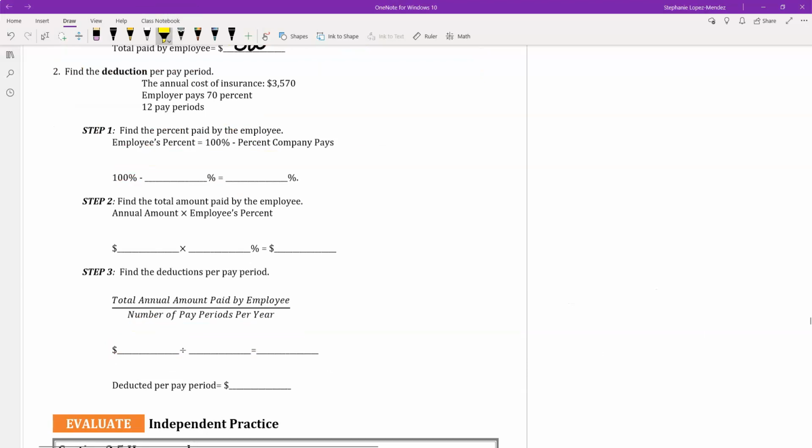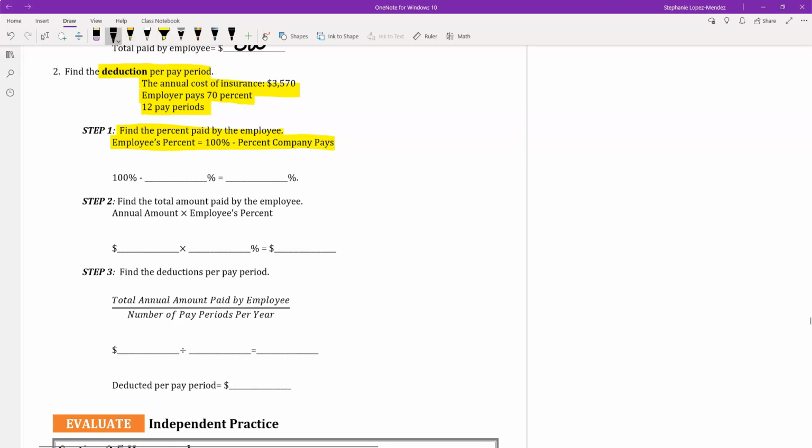Now problem number 2 says find the deduction per pay period, if the annual cost of insurance is $3,570, the employer pays 70%, and the employee gets 12 pay periods. Step number 1 is find the percent paid by the employee using employee's percent equals 100 minus the percent that the company pays.